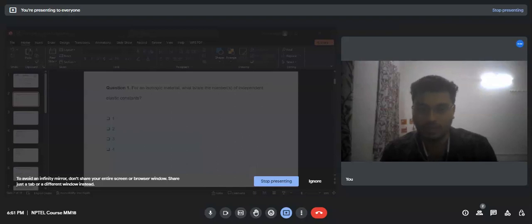Okay, so for that we have to check the change in volume. This is our steel block.